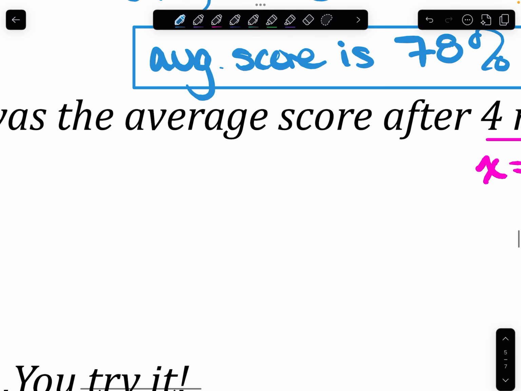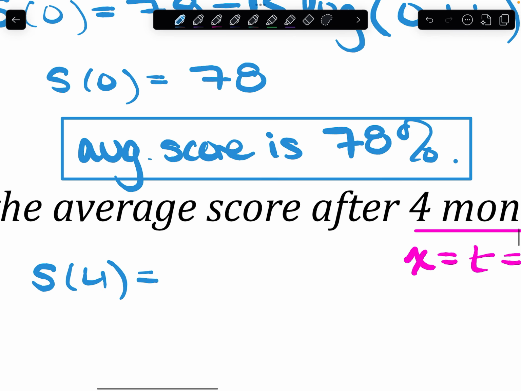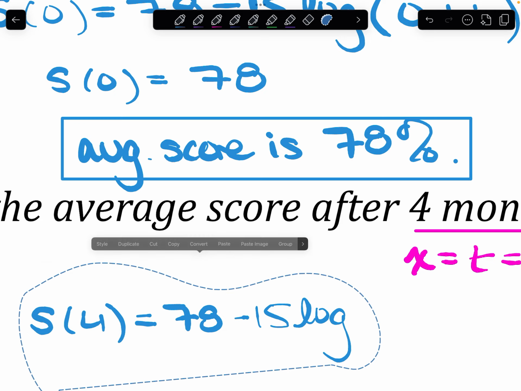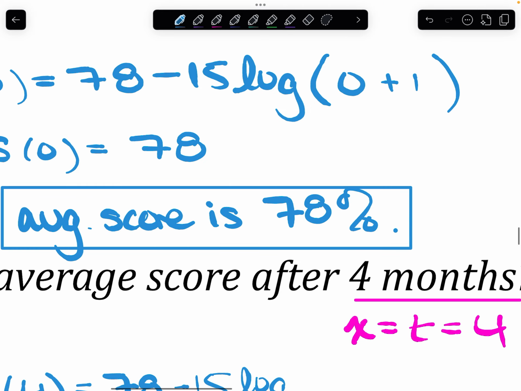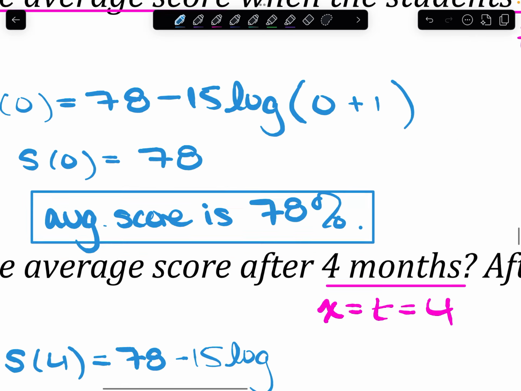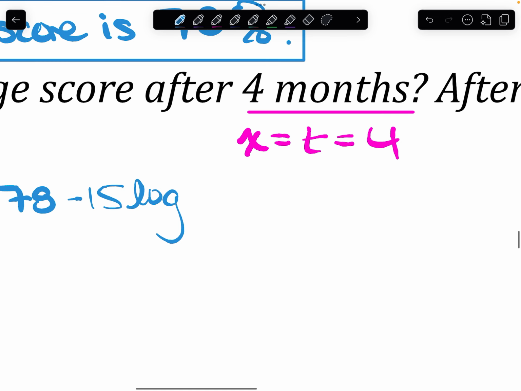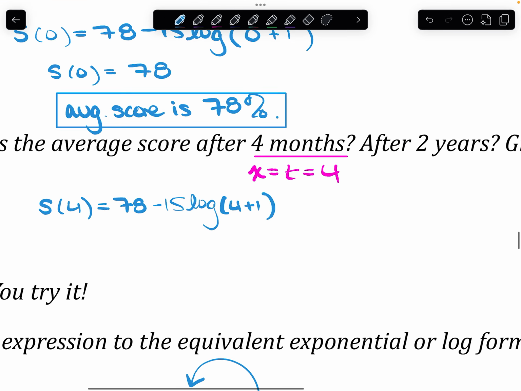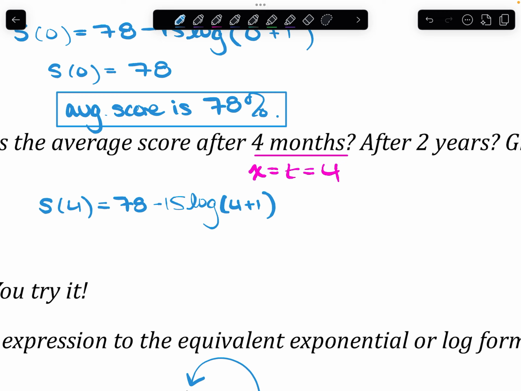All right, so S of 4 equals 78 minus 15 times the log of t plus 1, so it's going to be 4 plus 1. And then we go to our calculator, push some buttons.